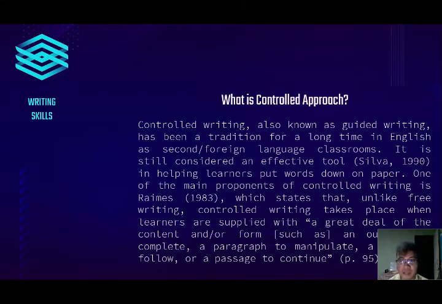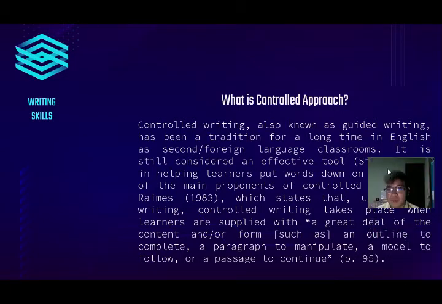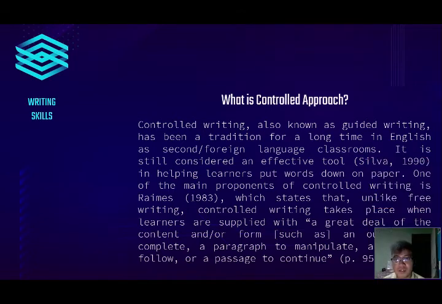He stated that unlike free writing, controlled writing takes place when learners are supplied with a great deal of the content or form, such as an outline to complete, a paragraph to manipulate, a model to follow, or a passage to continue. Basically, the controlled approach is like a foundation.